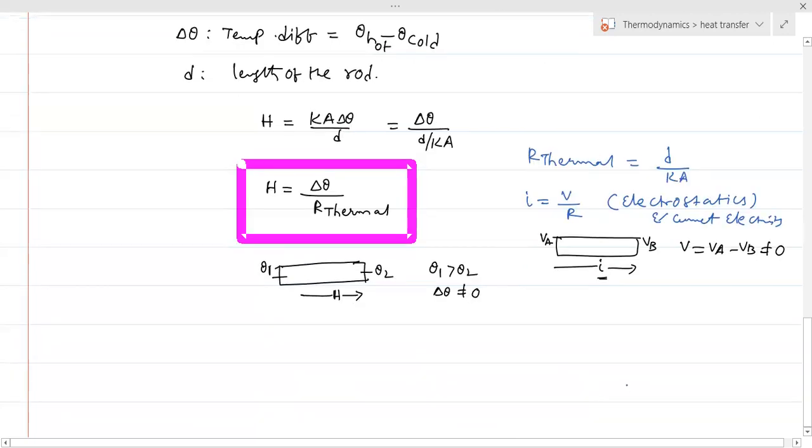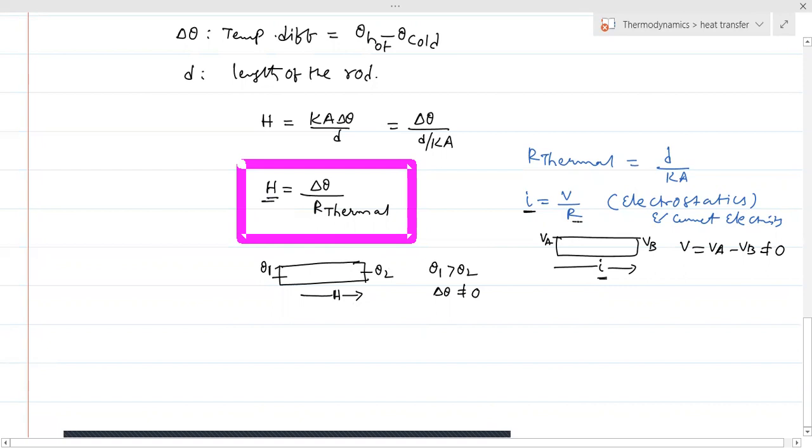So we compare this heat current H with electric current, and electrical resistance is comparable to thermal resistance.